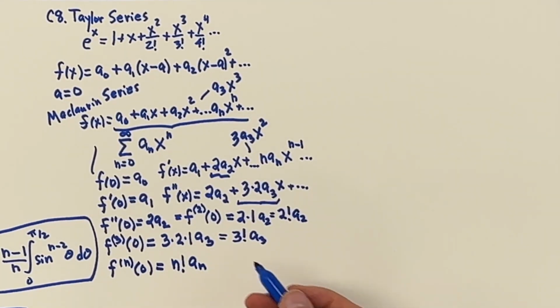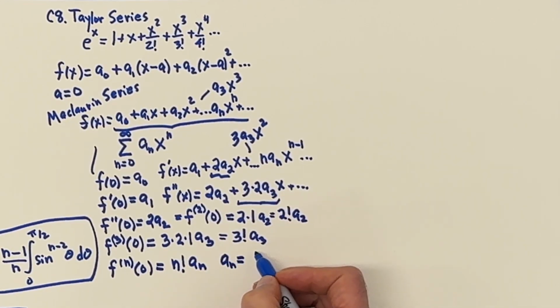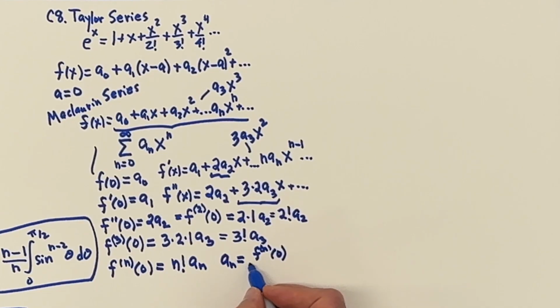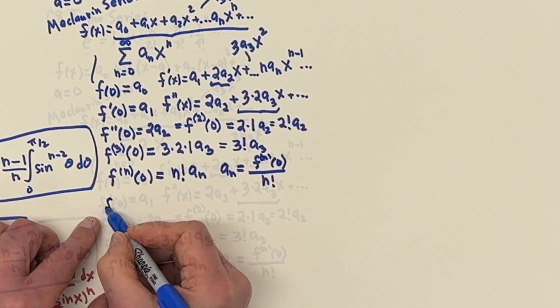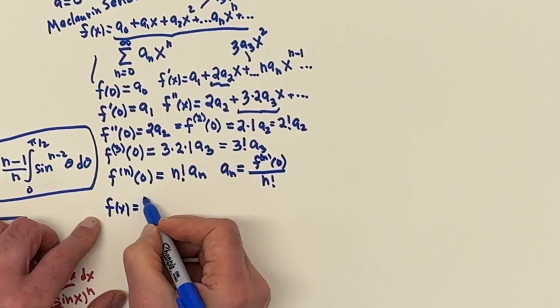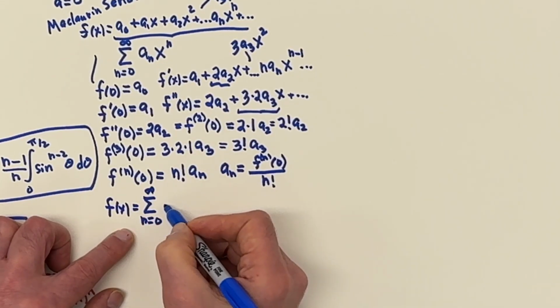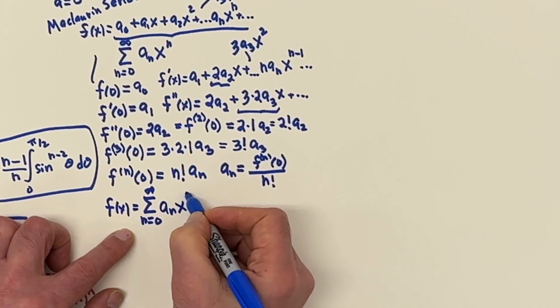But that gives us the formula that we're looking for, because then the nth coefficient would be given by the nth derivative evaluated at x equals 0 divided by n factorial. So we can now write the general formula f of x with the summation symbol, n equals 0 to infinity, where we have a sub n, x to the n.